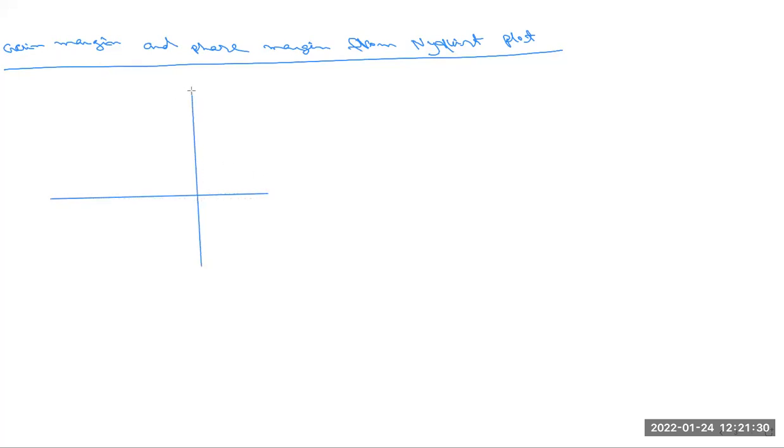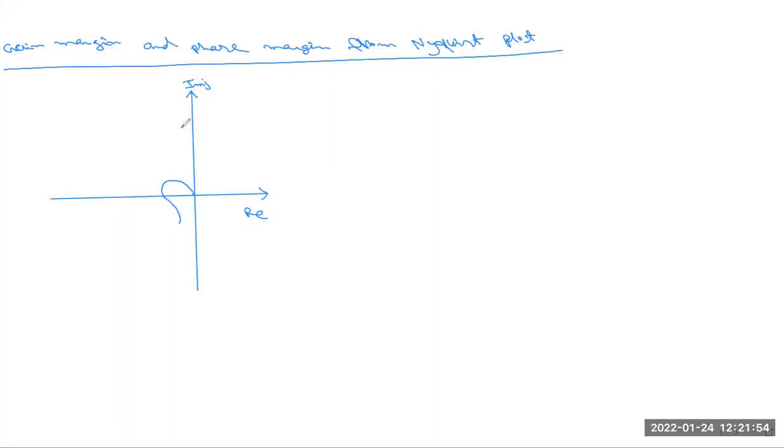Another one is the imaginary axis. So here the system is stable. So when this is stable, something like that, this is the picture.